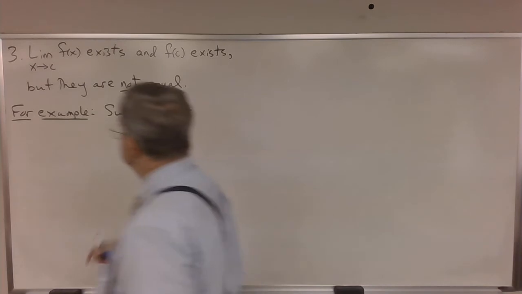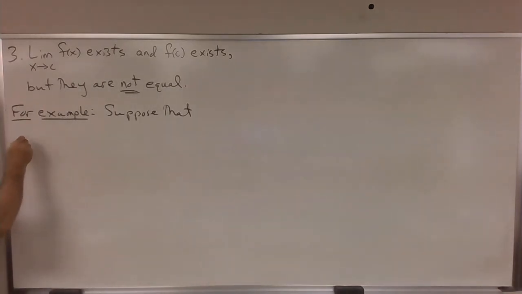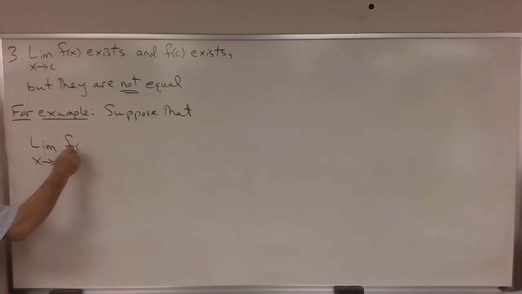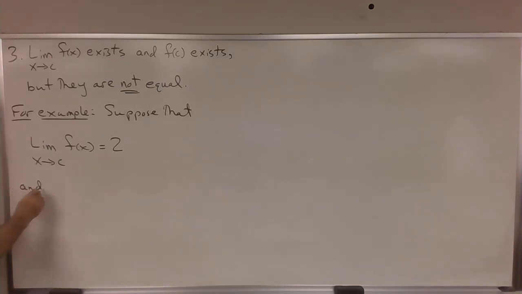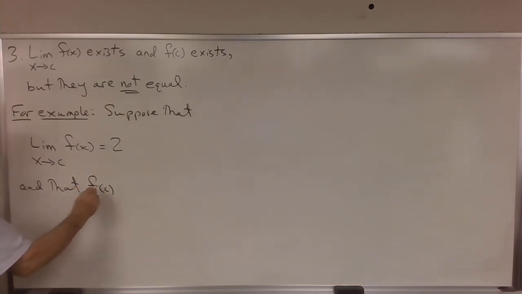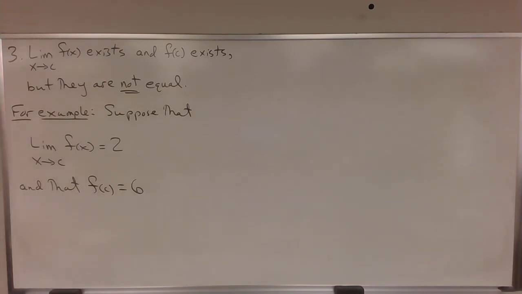Let's suppose that the limit as x approaches c of f of x is equal to 2. And let's suppose also that f evaluated at c is equal to 6. Okay, these two things are not equal.